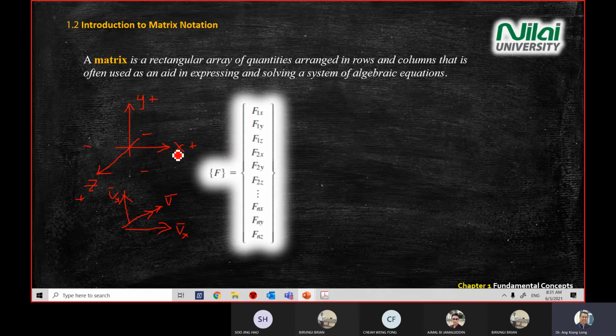Most of the time, for a vector in the x direction we use small u. If you have a vector in the y direction, we use small v. And if you have a vector in the z direction, we use w. Just to recall, you already learned this in your stress analysis module. So you have u, v, and w, and most of the time you'll see them again in this module.